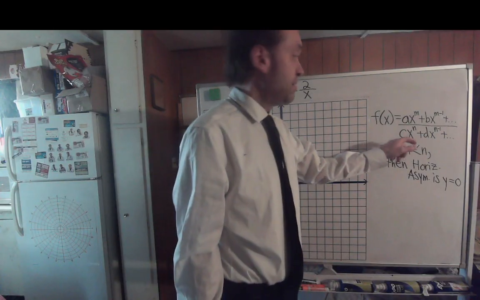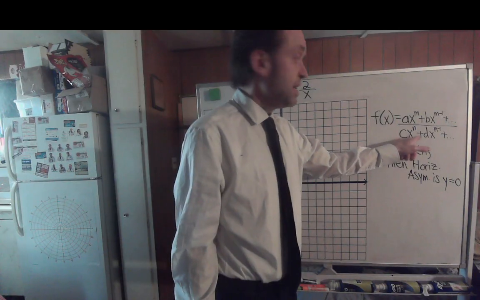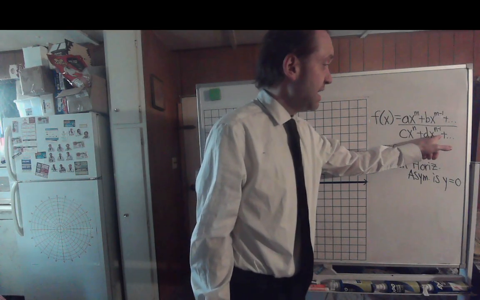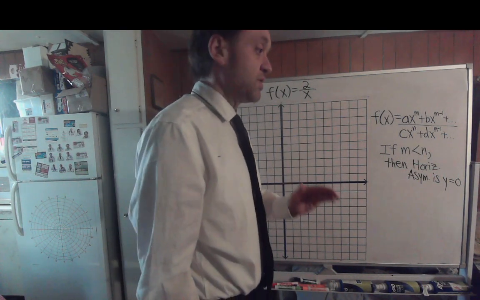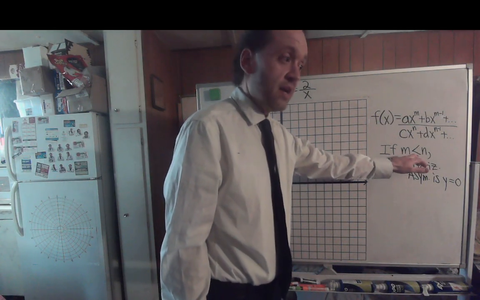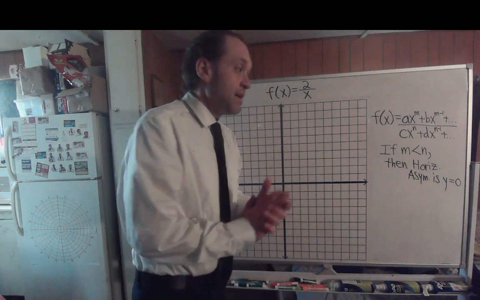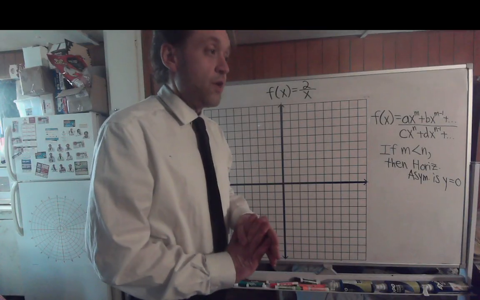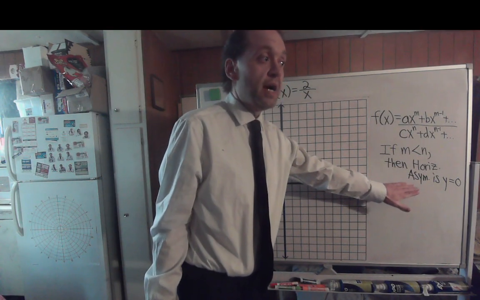All that divided by some other coefficient c, where you have x to the n plus d times x to the n minus 1, etc. In this particular setup, the degree m in the numerator is less than the degree n in the denominator. If the degree of the numerator is less than the degree of the denominator, your horizontal asymptote is always going to be y equals 0.